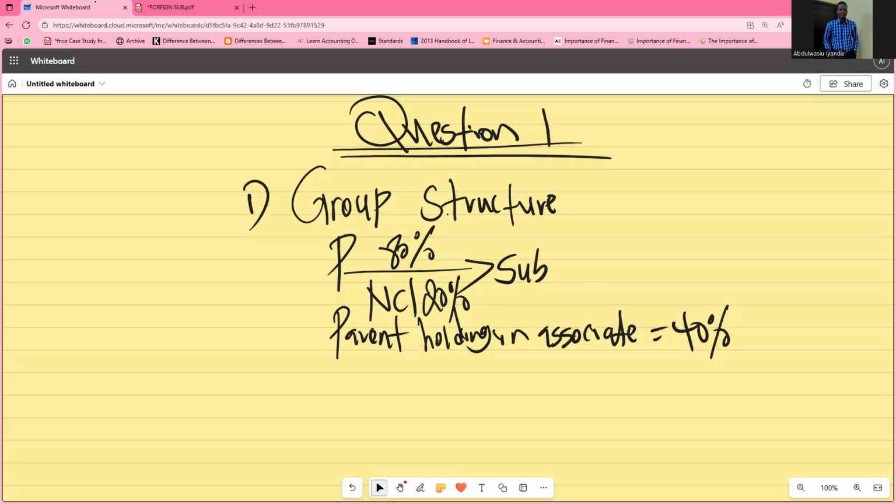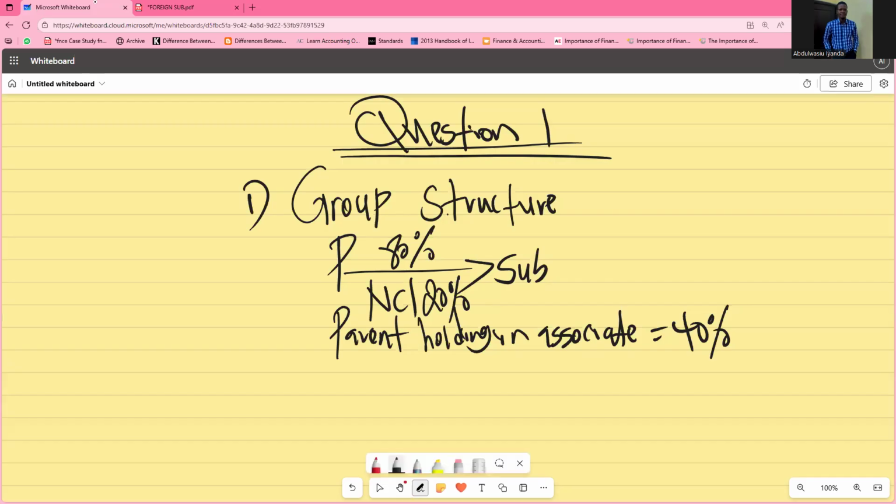Then, as we all remember, one thing I usually do from this working is to also determine the gap. The gap is just the difference between the date you acquire and the date you are preparing the account. So gap in sub: what is the date you acquired and what is the date you are preparing the account?